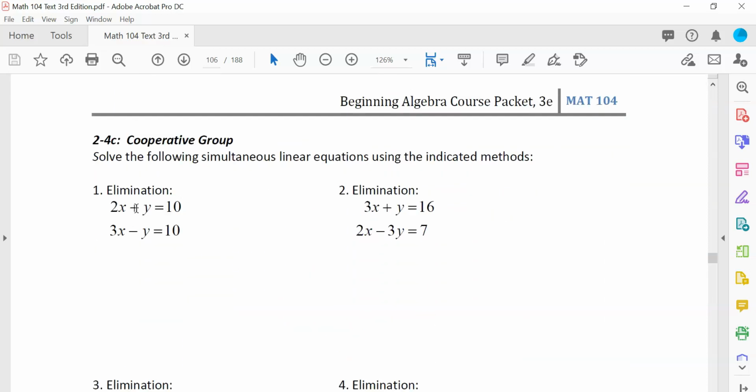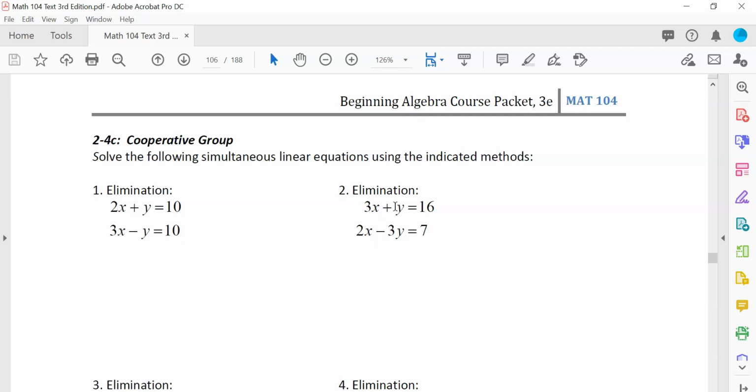This first one does have opposites. There's a positive 1y and a negative 1y. Those are opposites. But notice when you go to the second problem, we get 3x plus y equals 16 and 2x minus 3y equals 7. 3x and 2x are not opposites. If I add these two equations together, I do not eliminate the x's.